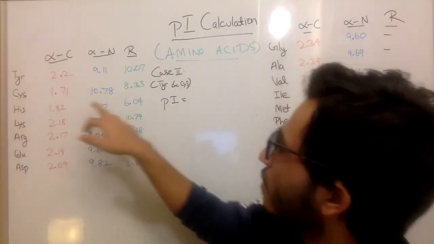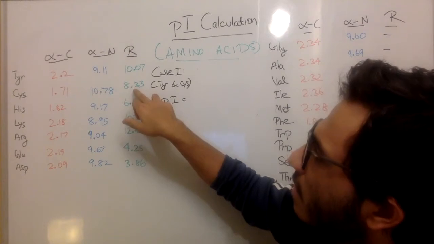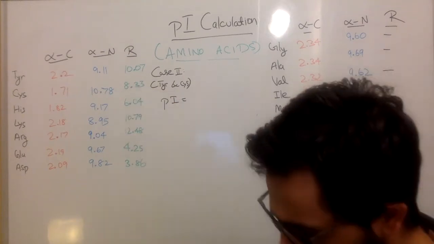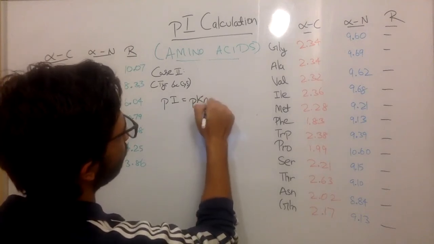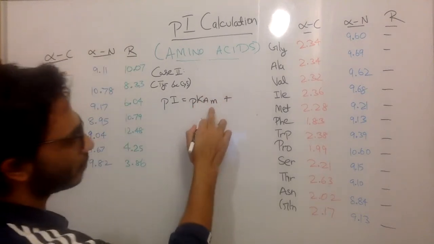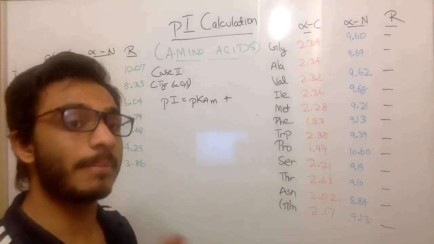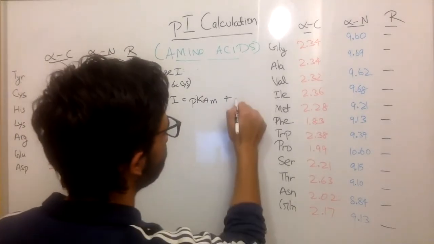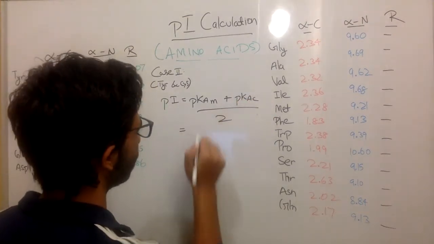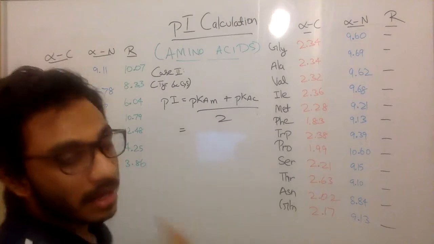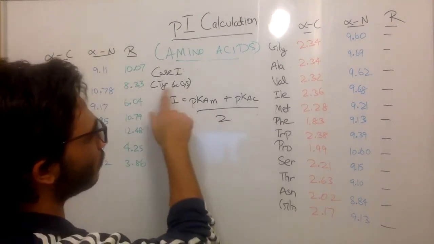In cysteine's case, you'll take the R group value, 8.33, because that's in the middle. So let me write it down. M denotes the middle value. Then you take the carboxy pKa and divide that by 2. That's how you do the pI calculation for these two amino acids.